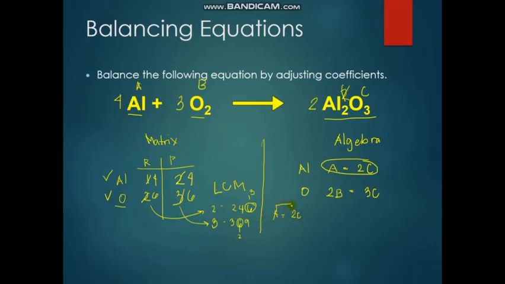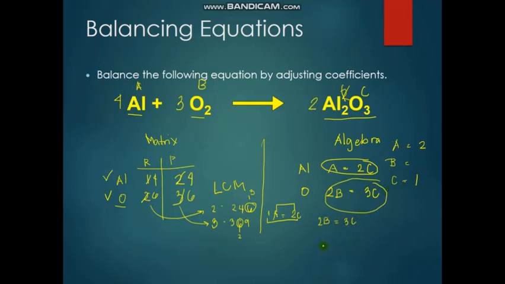So simply get the ratio. So you have A, B, C. A is equal to 2, C is equal to 1. So we will solve for B using this equation. 2B is equal to 3C.